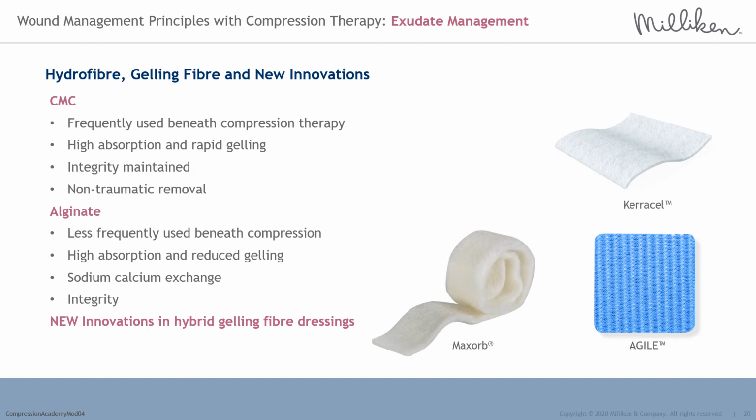Due to the non-rapid gelling when irrigated, this can take more time and be more difficult to remove from the wound bed. New innovations in hybrid gelling fibre dressings using textile materials such as bamboo are newly available and have a specific structural design to provide gelled fibrils whilst managing fluctuating levels of wound exudate.